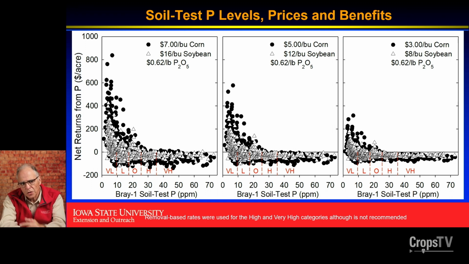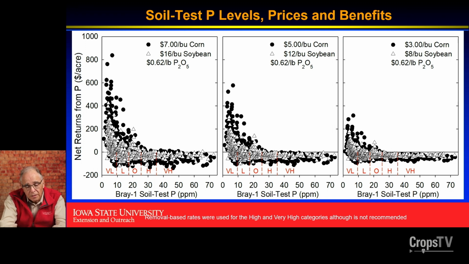And I put corn and soybean there, with the corn as the black dots and soybean as the white triangles. So what we have here is the net returns, the benefits, okay? It's not the return to the crop. It's not return to investing in fertilizer according to the different rates according to the soil test value.